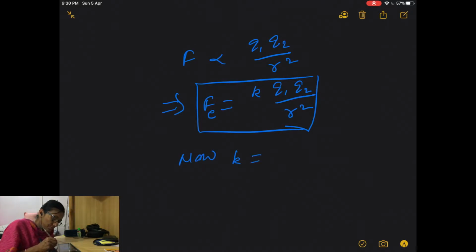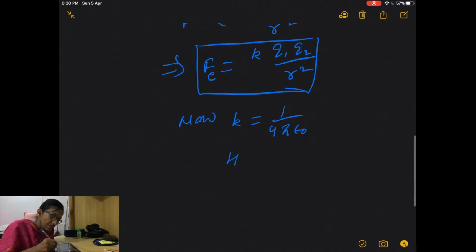Now small k is equal to 1 by 4 pi epsilon naught.